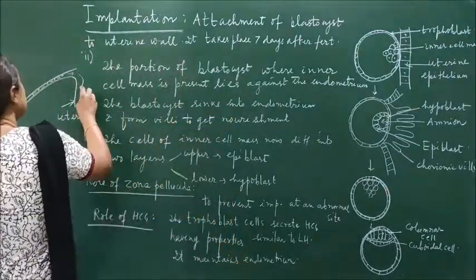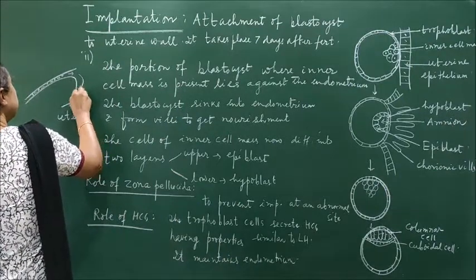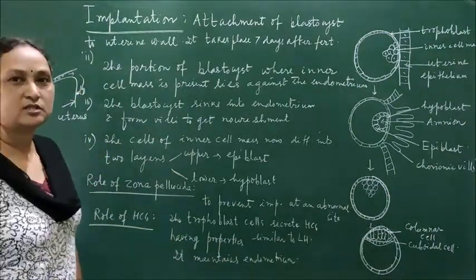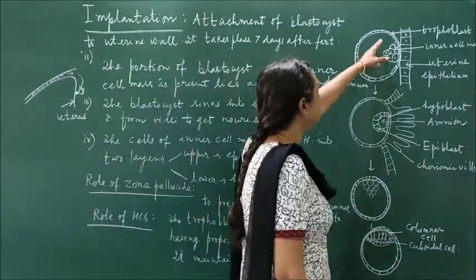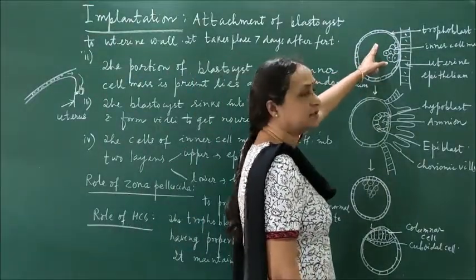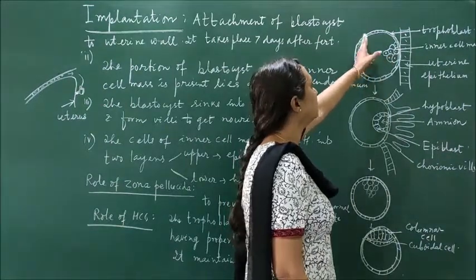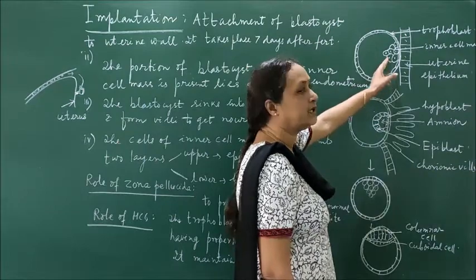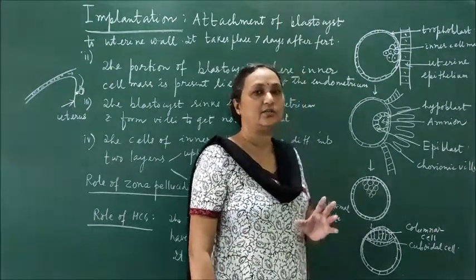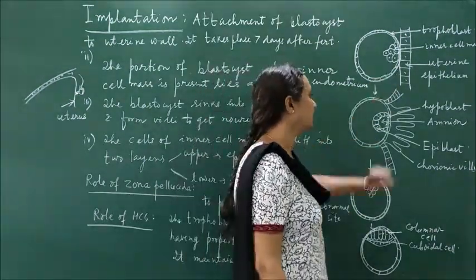So now this is the uterus, and the embryo is fixed to the wall of the uterus, and the process is called implantation. Now here you see the embryo. I explained there is a cavity, called the blastocoel, and the outermost layer is called trophoblast, and there is another layer called the inner cell mass. The embryo actually develops from the inner cell mass.